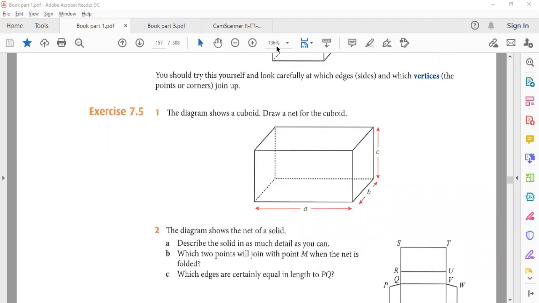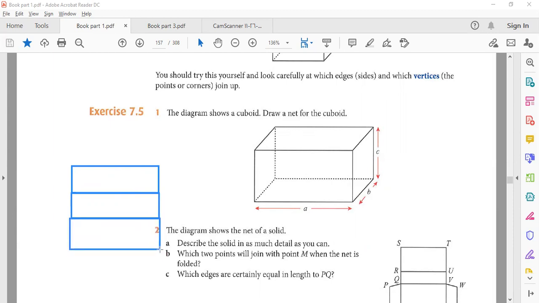Let me show you one. Let me just draw one shape here. Now the first shape I draw here, and the same shape I draw here, and the same shape I draw here.